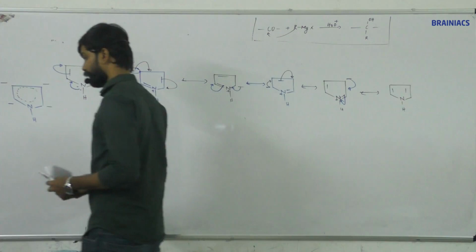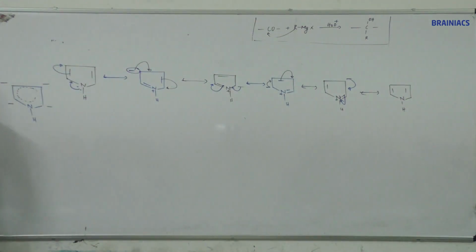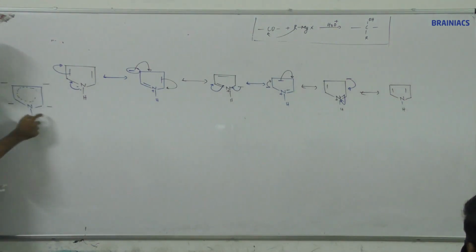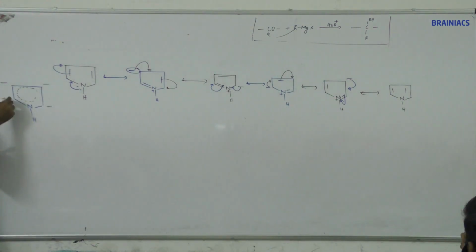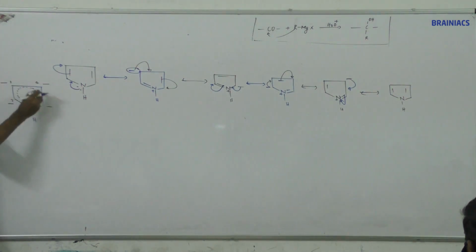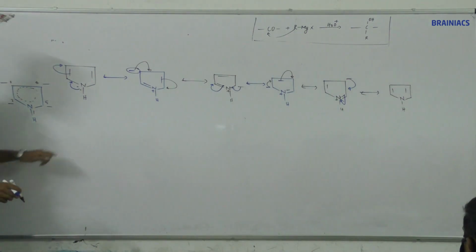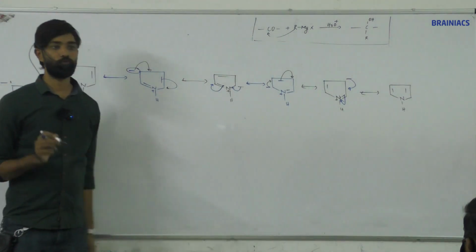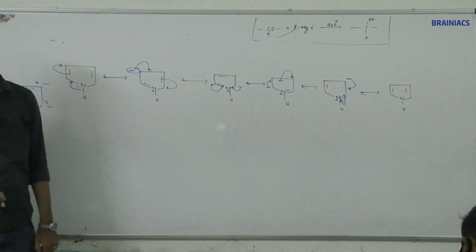That will be 2 and 5, because it is clear that the positions have the same kind of electron density, right? And this is considered as 1, 2, 3, 4, 5. Okay. Among these structures, which one is most stable?